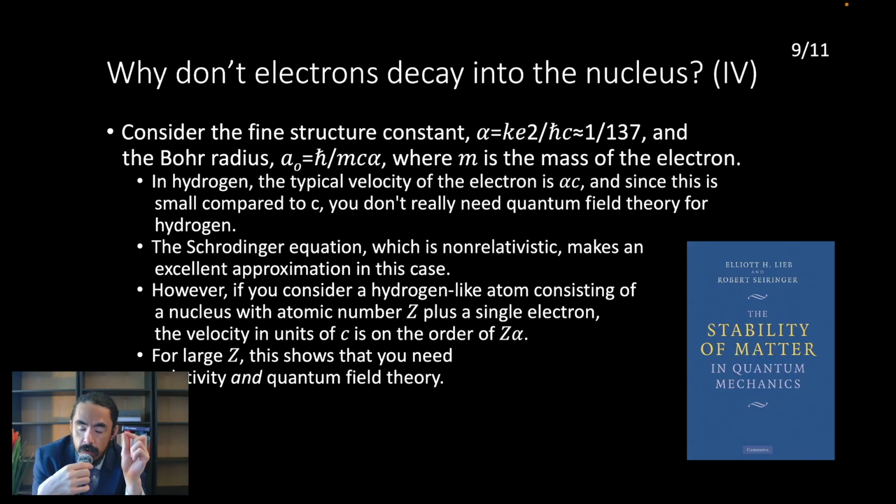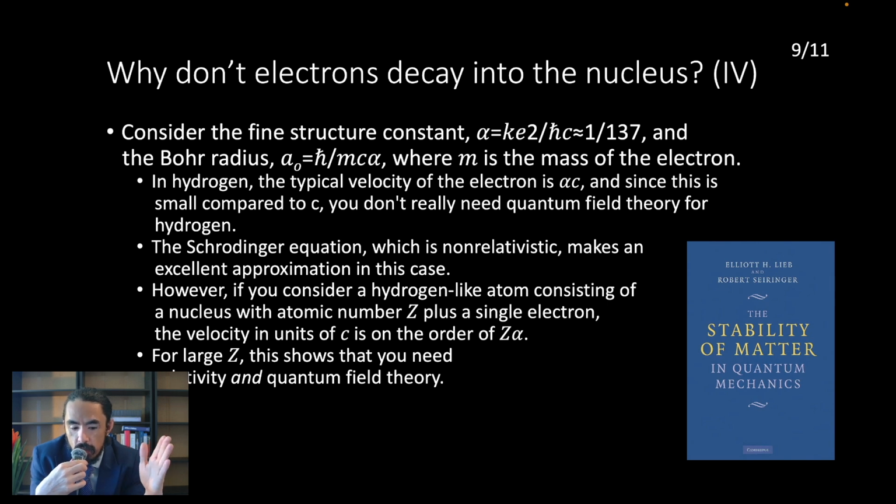Anyways, we're considering these quantities in order to eventually come to the suggestion that in order to rigorously establish the stability of matter, you need relativity and quantum field theory. So you need to go beyond just mere quantum mechanics, quantum theory.